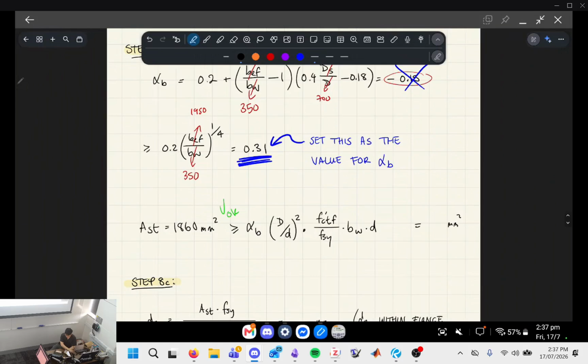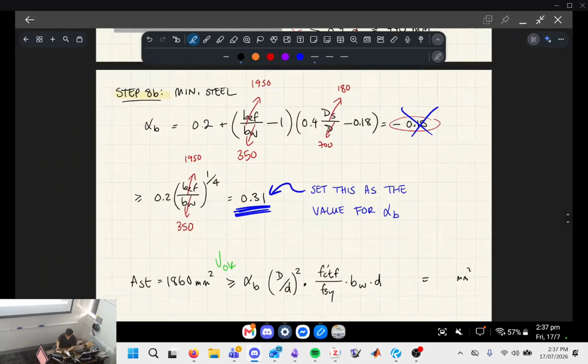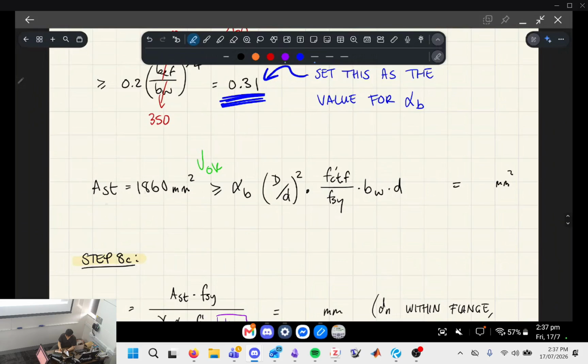So now we can check the steel. And remember, what we're doing is checking for minimum steel. The minimum steel formula is basically just saying that the steel area has to be greater than this number. So alpha B, we calculate it as 0.31. D is going to be 700. This is supposed to be 635, but I think there's a mistake in my working anyway.